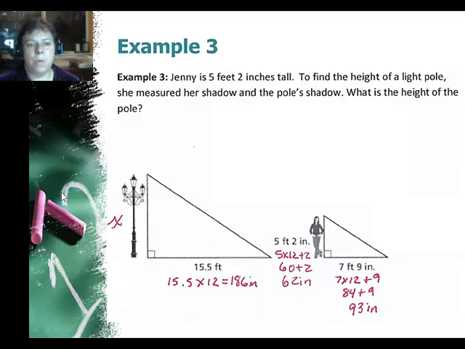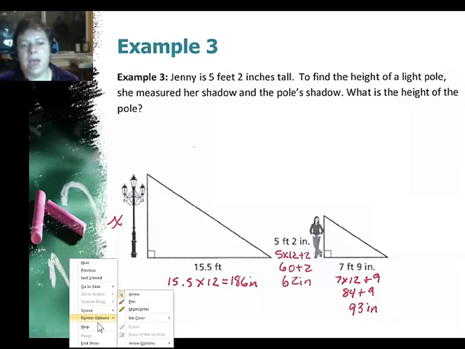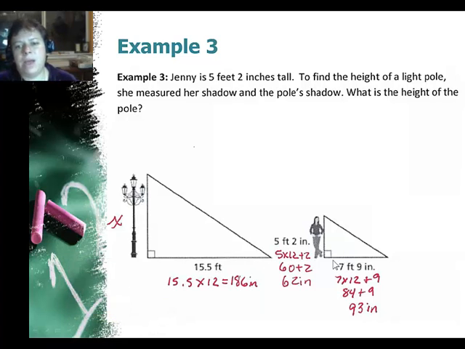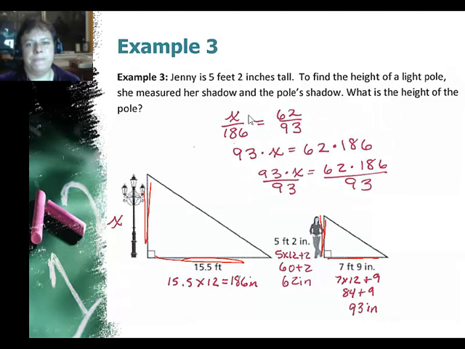Now I'm going to set up a proportion so that I can figure out the relationship between height and shadow and height and shadow. So setting up my proportion, I could say that X is to 186 as 62 is to 93.